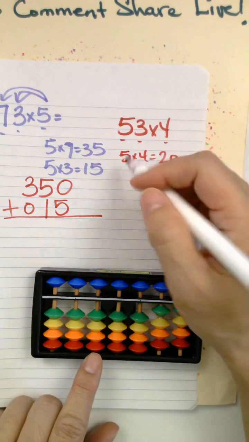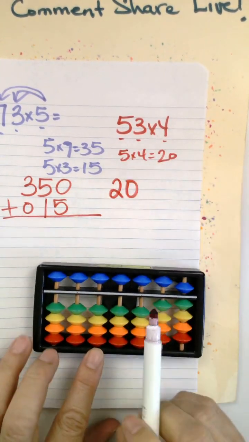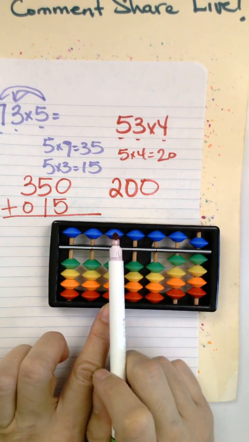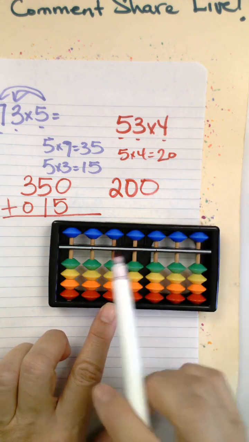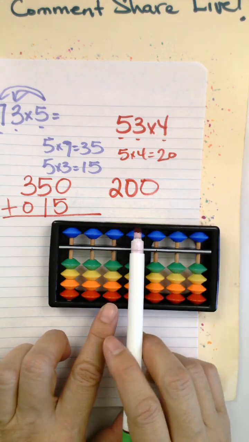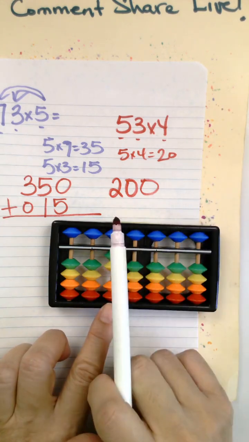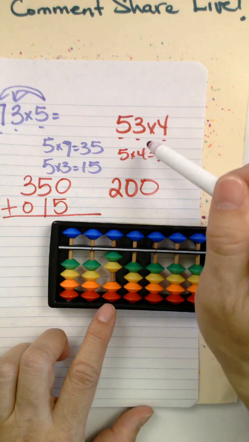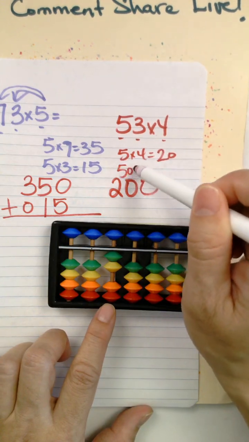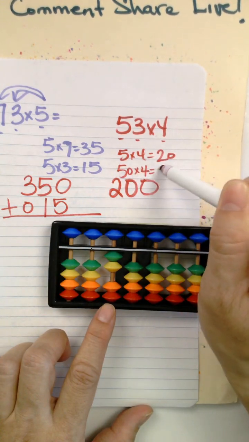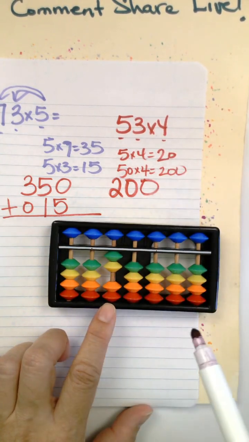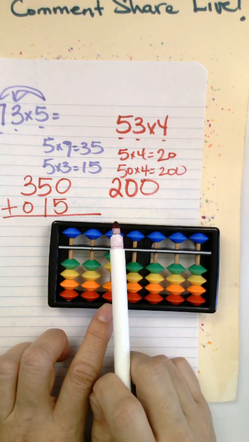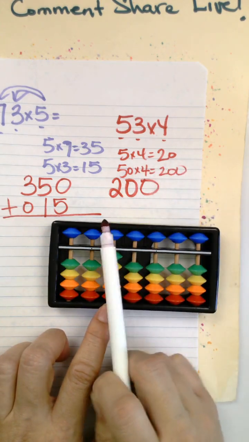If I write it out here, it'd be 2, 0, 0. So I have the 2 and a 0 and a 0, right? You could say 50 times 4 is equal to 200, but in abacus we don't, because the zeros are already being tracked on the columns.